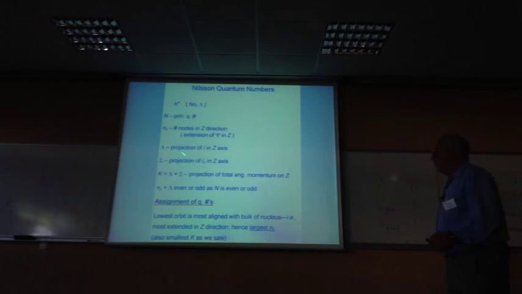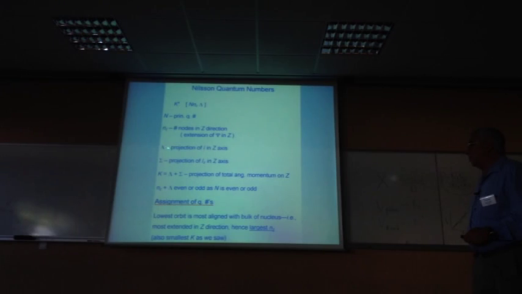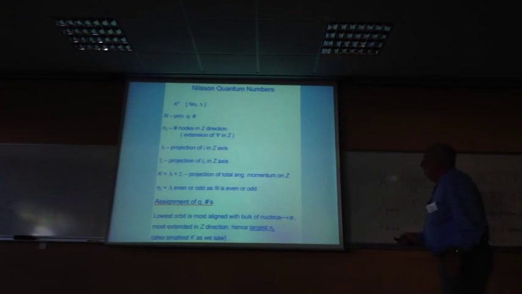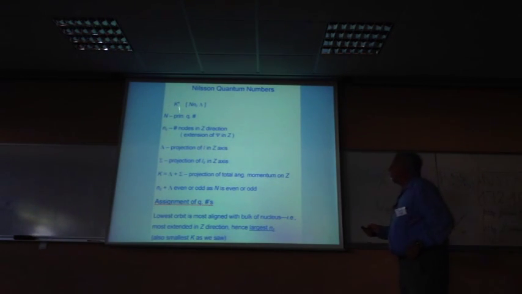Lambda is not so important in practice except for one aspect when it comes to Coriolis mixing. It's the projection of the orbital angular momentum on the z-axis. Sigma, which I don't write up here, is the projection of the spin on the z-axis.